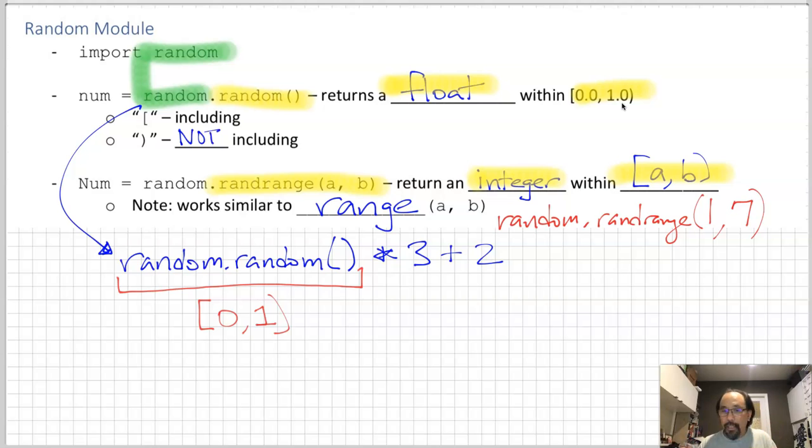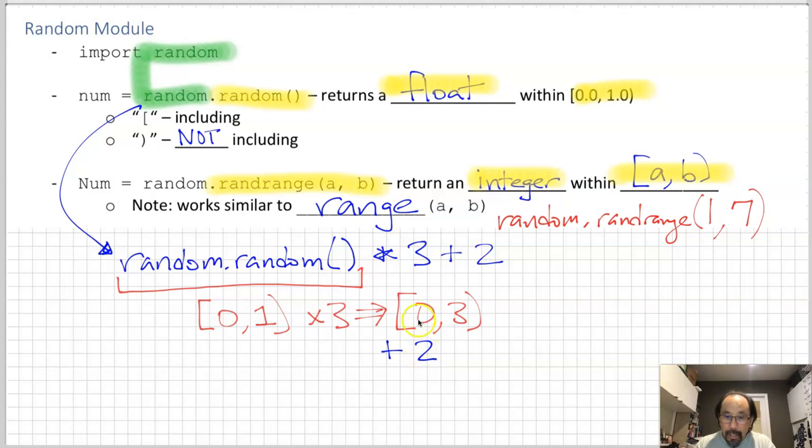So let's break this down to see what happens. Now, random.random itself generates a number from 0 to 1. Let's multiply that number by 3. If I multiply it by 3, the minimum value will be 0. The maximum value will be 3. So now, the range of my random number has grown to 3. What happens if I add 2 to it?